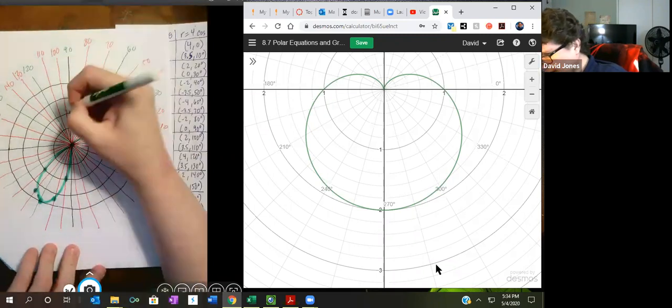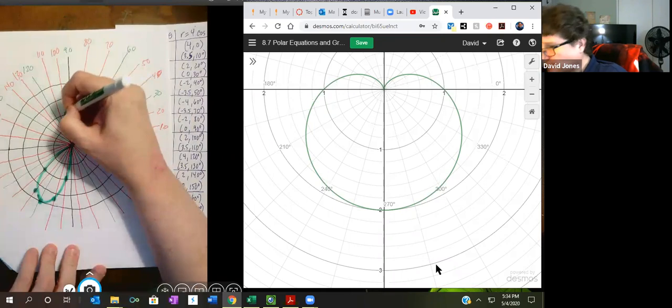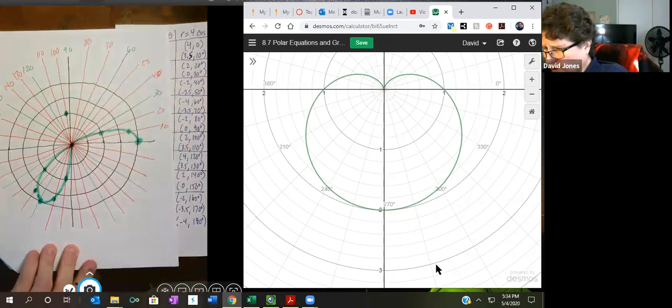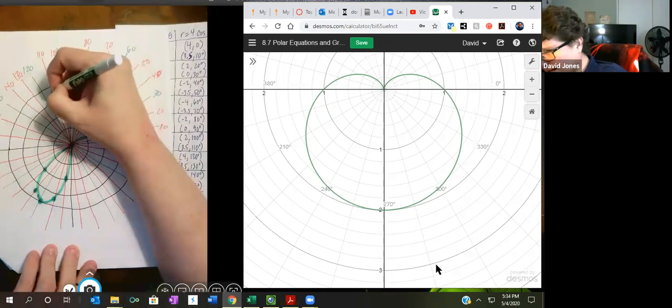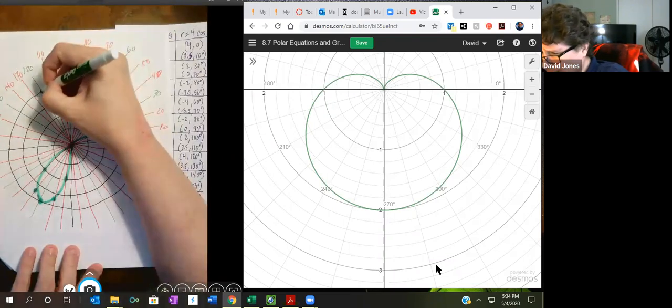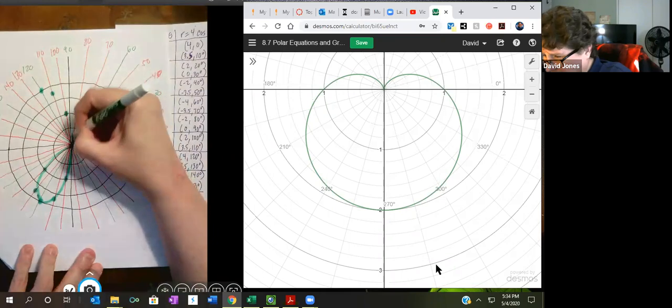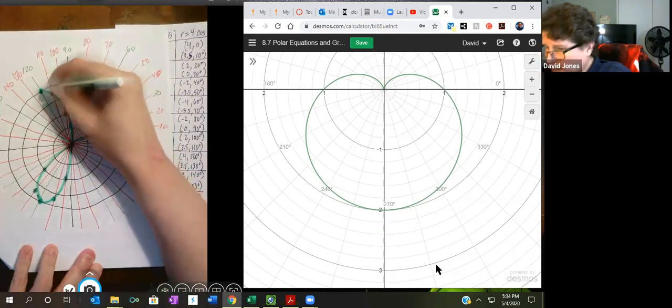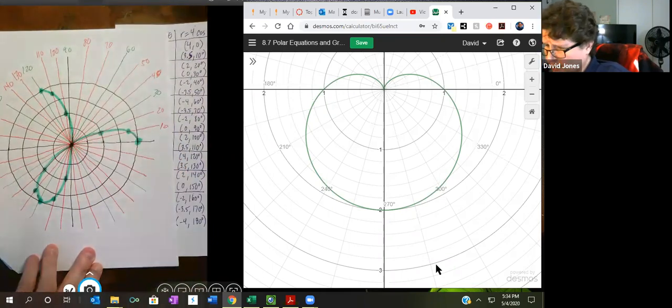At 100 degrees, I'm at 2. 110, I'm at 3.5. 120, I'm at 4. And then we start to come back inward.